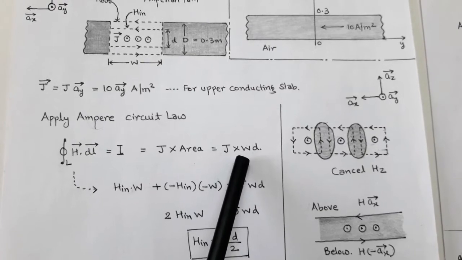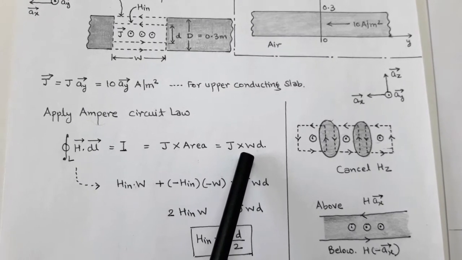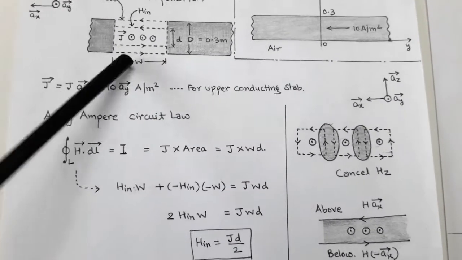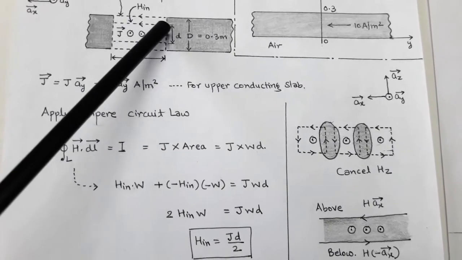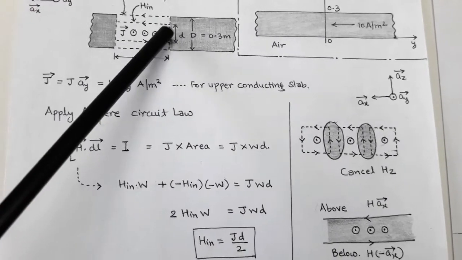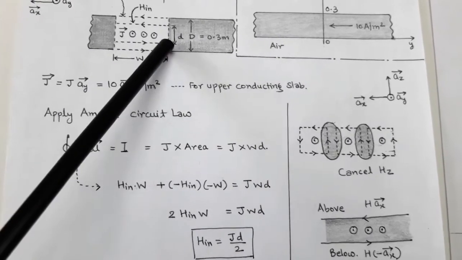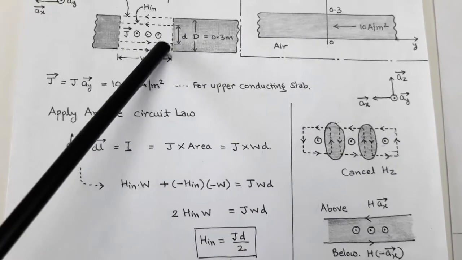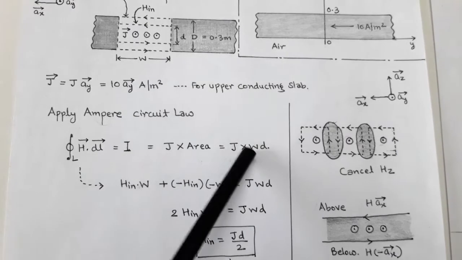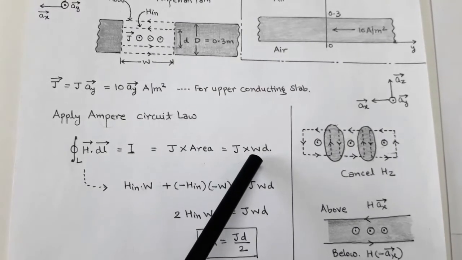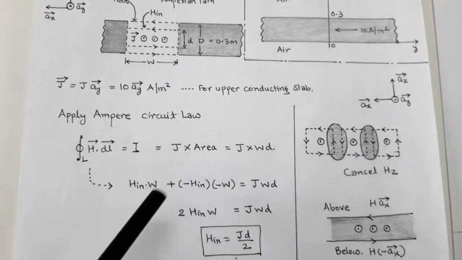So the current equals current density J, or its magnitude J, into area. For the Amperian path inside the slab, we consider the width W and the height small d, so the area of this Amperian path is W into d.